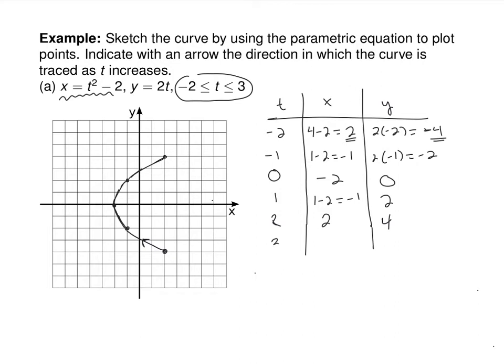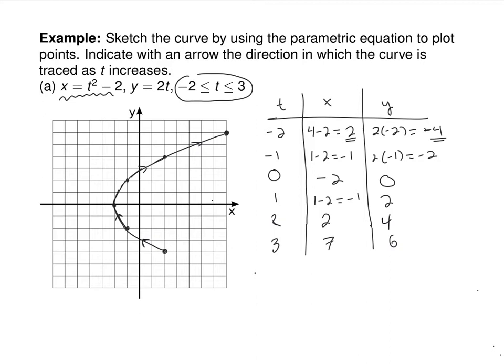And finally, when t is 3, x is 7 and y is 6. Okay, and there we have it. I put lots of arrows there, but you only need one, to indicate which direction the curve is traced as t increases.